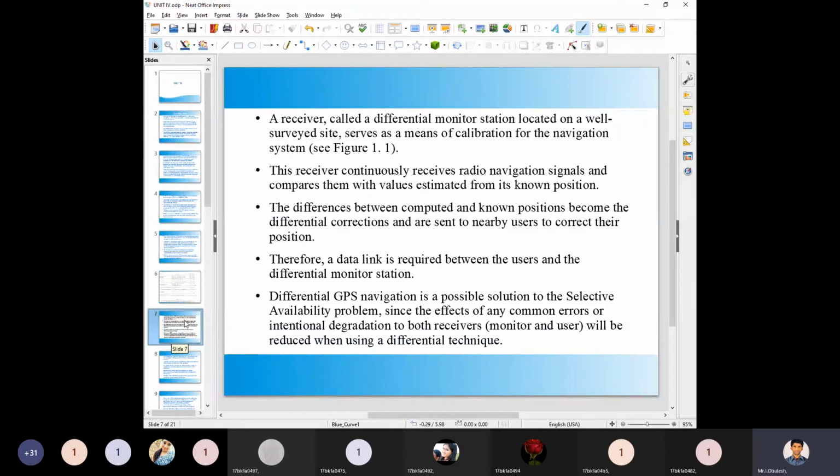This receiver continuously receives radio navigation signals and compares them with values estimated from its known position.